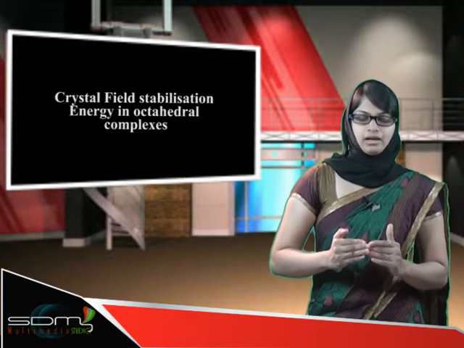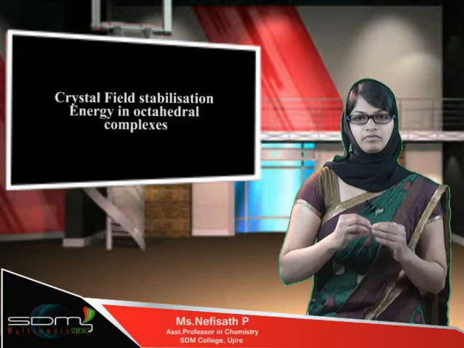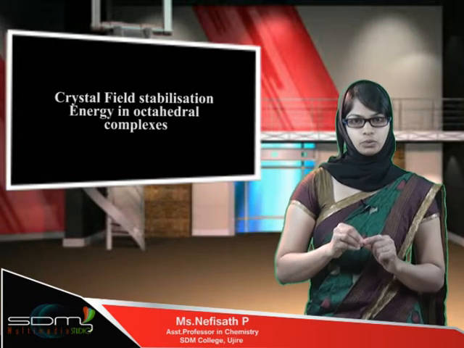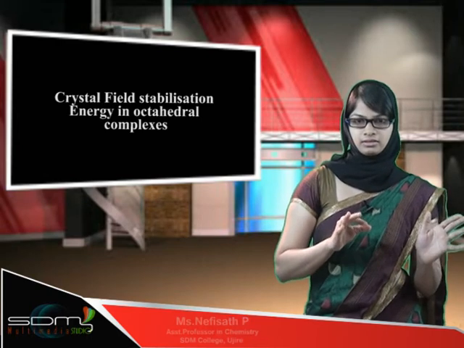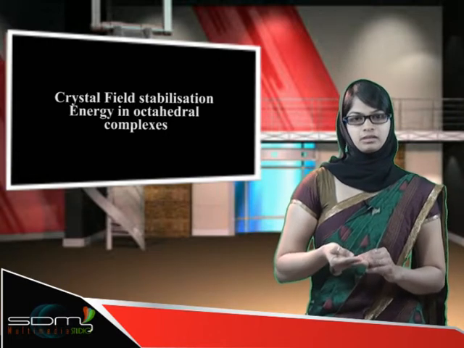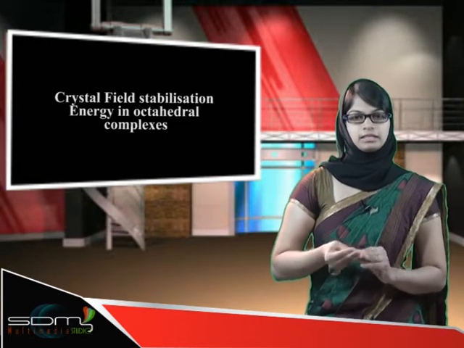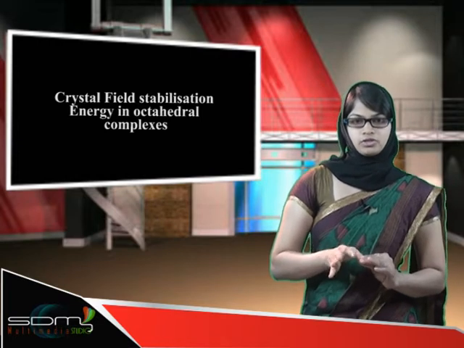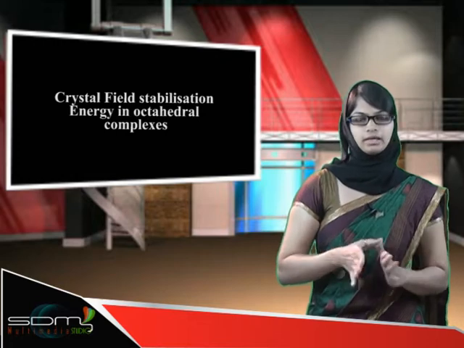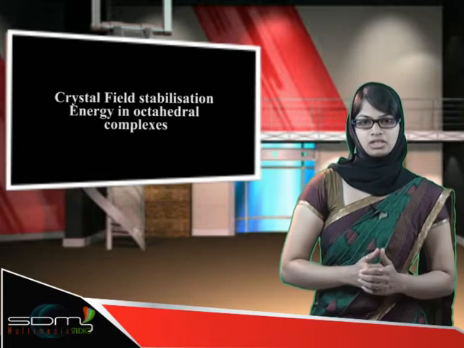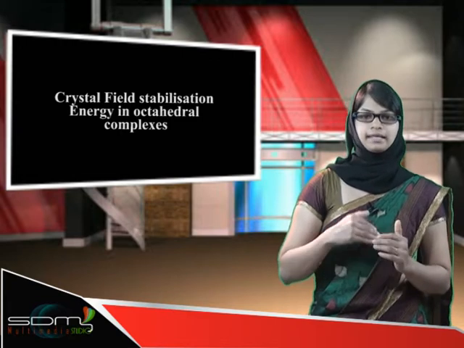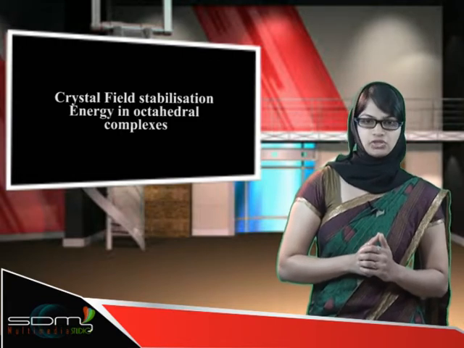Now we have to study in what way the d orbital electrons are entering into the t2g and eg. Any electron prefers to go to the lowest energy orbital. So for the octahedral complex the lowest energy orbitals are the t2g sets, and the highest energy level is given for the eg sets.